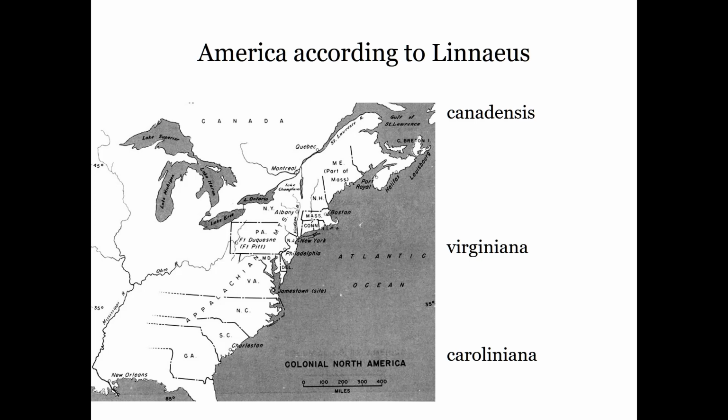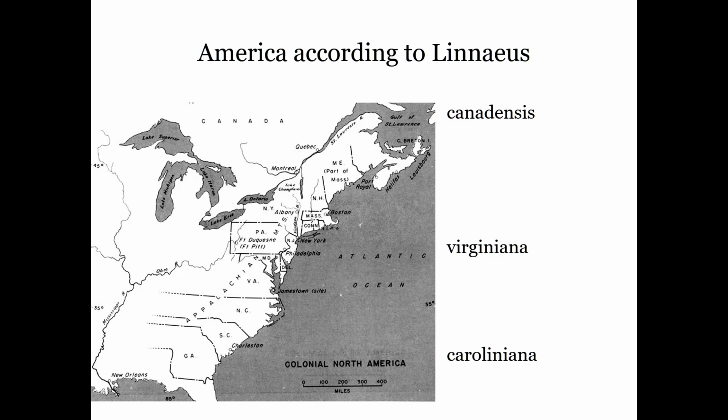But according to Linnaeus, he sort of grouped things together into three major regions of the New World, or the Americas. It was Canadensis, which is anything sort of north of Massachusetts. There's Virginiana, which is kind of the middle east coast of the United States, and then Caroliniana, which is everything from sort of the Carolinas on downward, including what would later on become Florida.